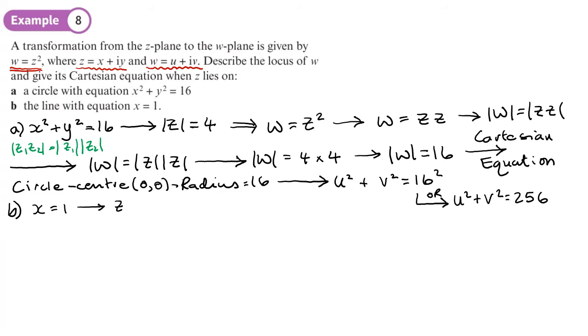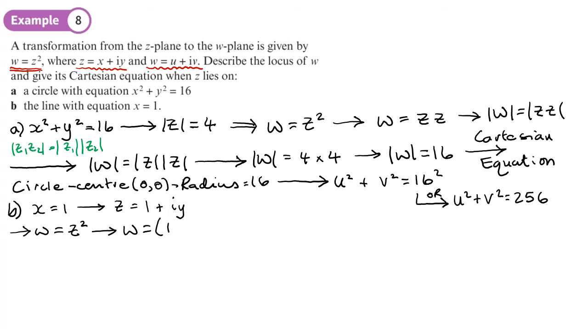And it'll be z equals, so x is 1, so I'm using this here, so I can get the Cartesian form, 1 plus iy. So it's not just z equals 1, x is fixed, but y can vary, so we still need to put it there. Now, since we've got w equals z squared, and we've now written z as this, we can say w equals basically this squared.